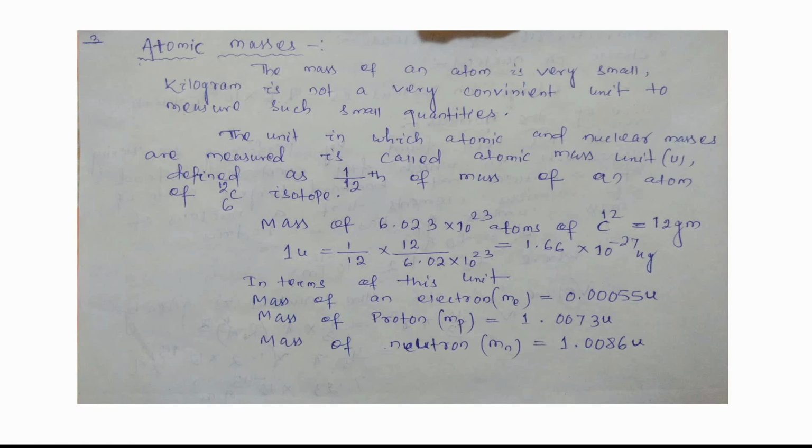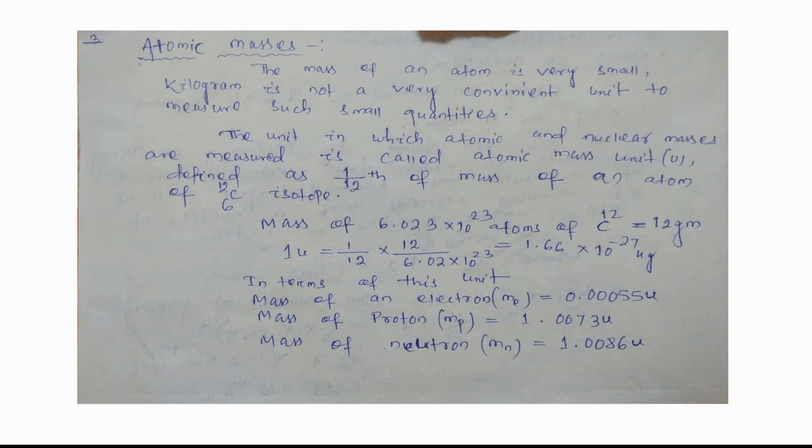AMU is the smallest unit used to express the masses of very small quantities, but this can also be expressed in the unit EV, that is electron volt, because in Einstein's mass-energy formula the mass can be converted into energy.